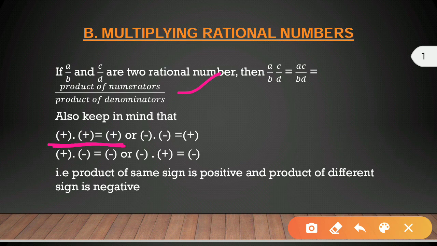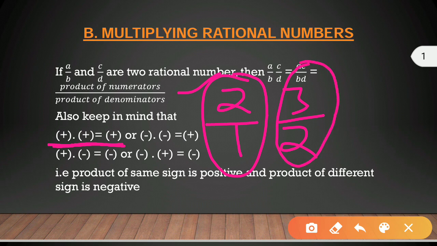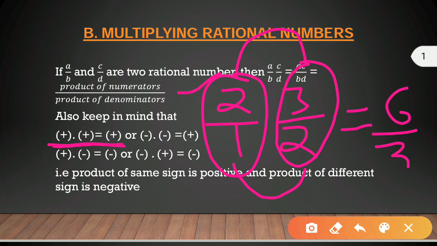Suppose we have two rational numbers and both are with the positive sign, say 2 by 1 and 3 by 2. Here both the rational numbers are positive, so their result will also be positive. If you multiply the numerators, it gives you 6, and the denominators give you 3.